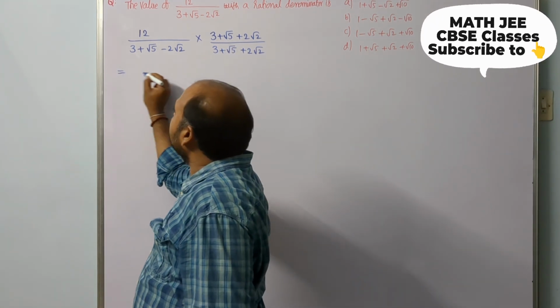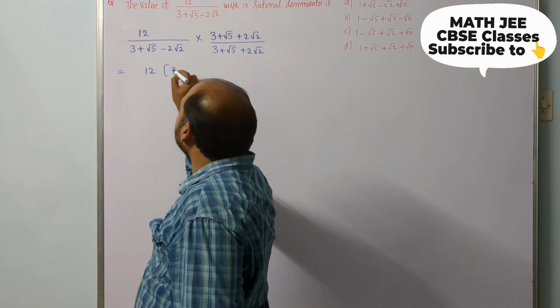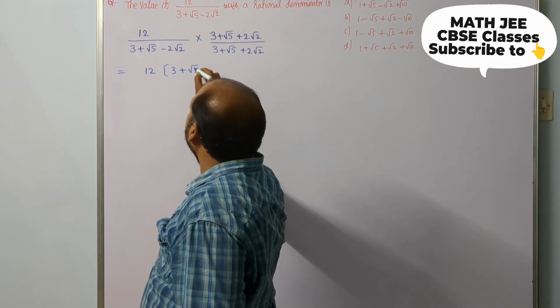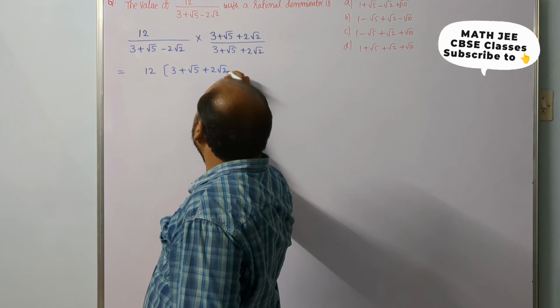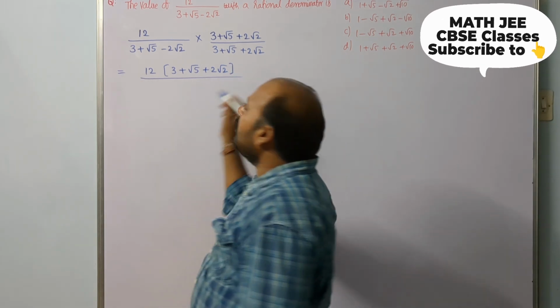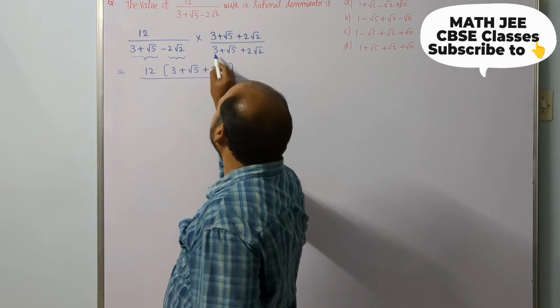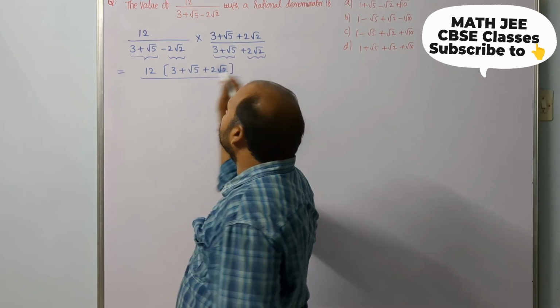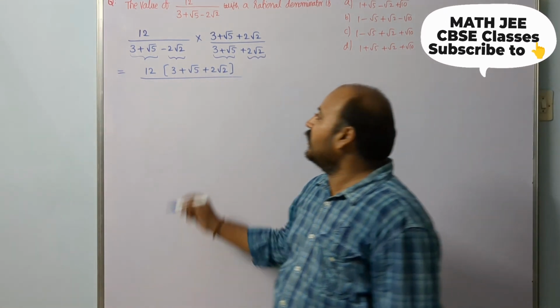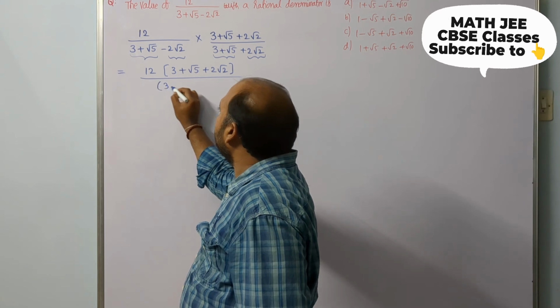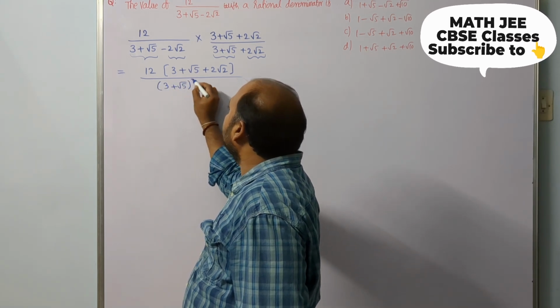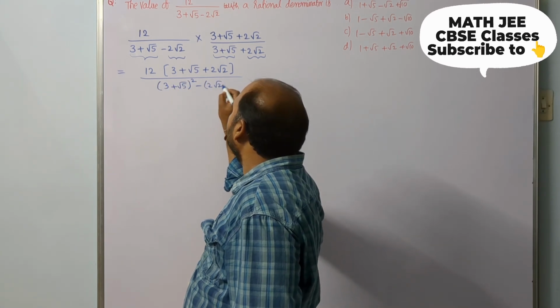So which is equal to 12 into (3 plus root 5 plus 2 root 2) divided by, in the denominator, it is in the form of (a minus b) into (a plus b), so a square minus b square. So we can write it as (3 plus root 5) whole square minus (2 root 2) whole square.